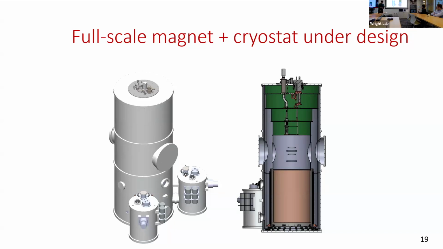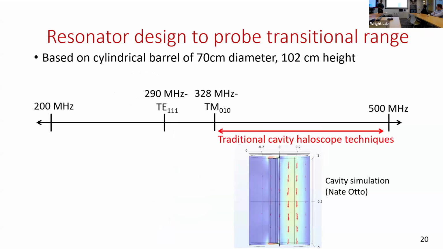So with that, let me talk a bit about the cavity. I mentioned that PAX is really probing this transitional range between the lumped element picture and the traditional cavity haloscope technique. And the resonator very much reflects that. If we have a 787 millimeter bore, we can have a cylindrical barrel of about 700 millimeters, 77 millimeter diameter for the cavity.